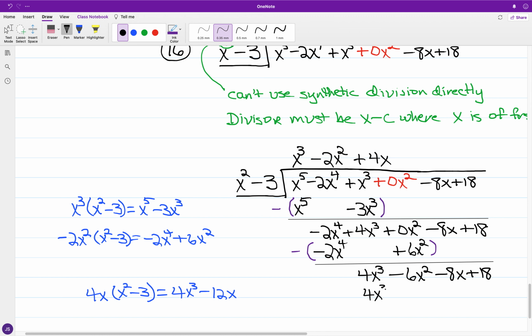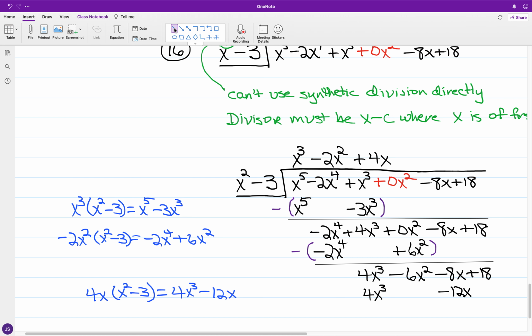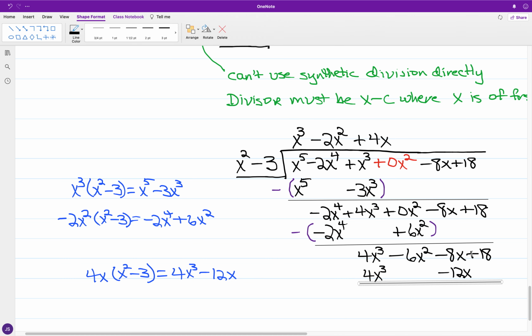So for 4x cubed minus 12x, again, I want to line up under the like terms from the remnants of the subtraction from the dividend at the first stage.